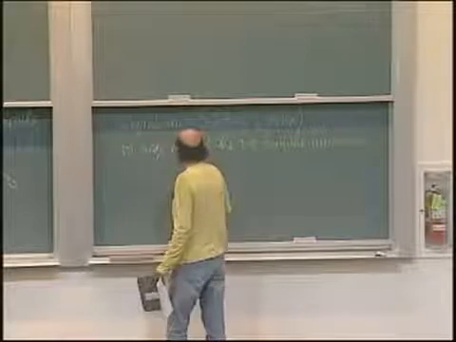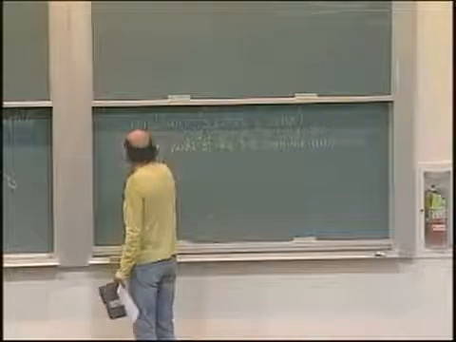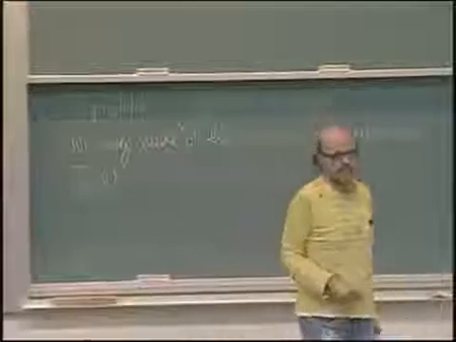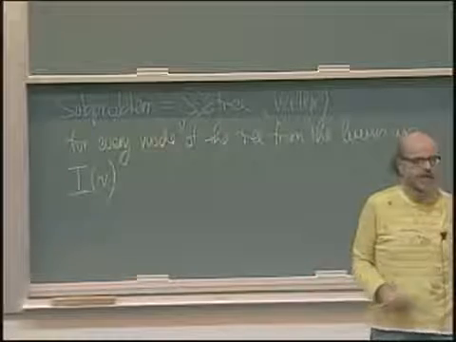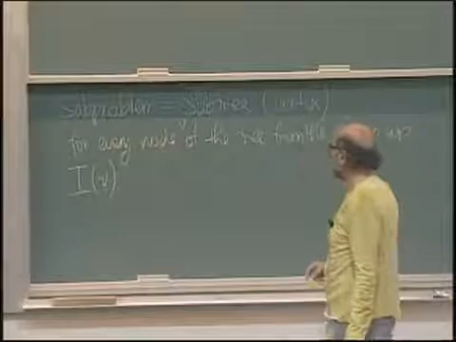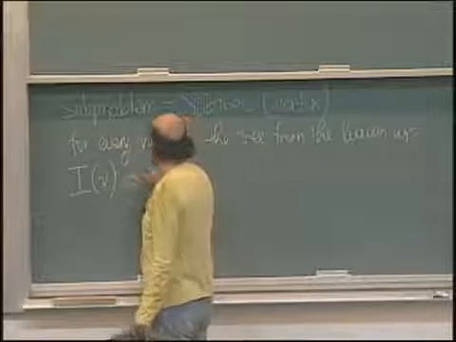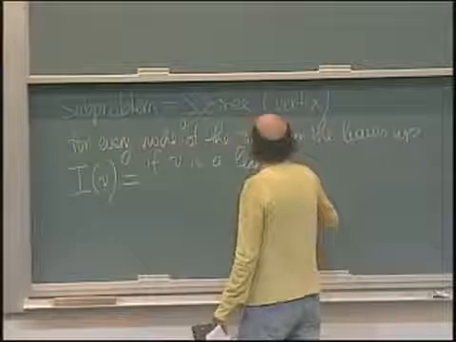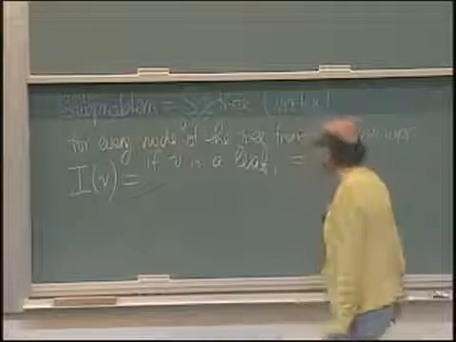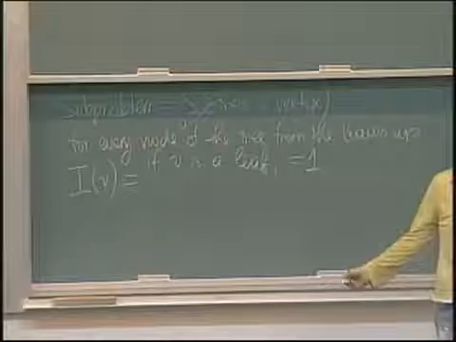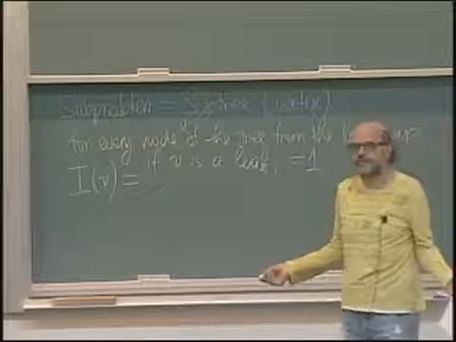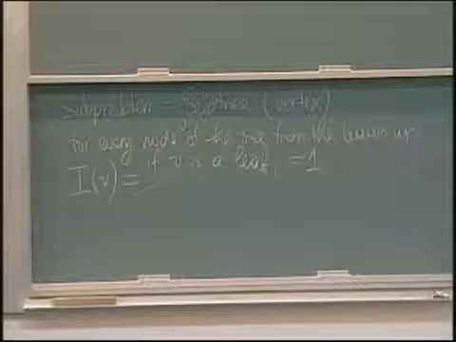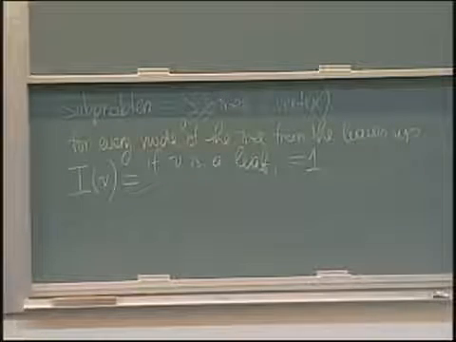For every node, we call it V. The maximum independent set in the subtree rooted at the node V is going to be what? If V is a leaf, 1. Right? If V is a leaf, the maximum independent set of the subtree rooted at this node is going to be 1, of course.